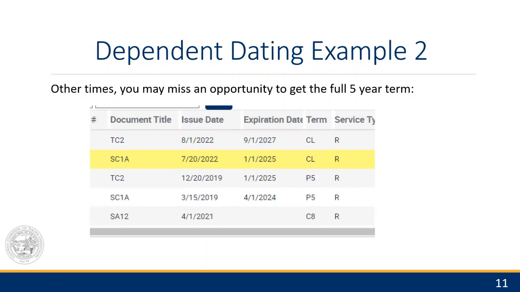So another example here. This is pretty common. There are times when, as the submitter, you can miss an opportunity for the educator to get a full 5-year term. You see this example here.